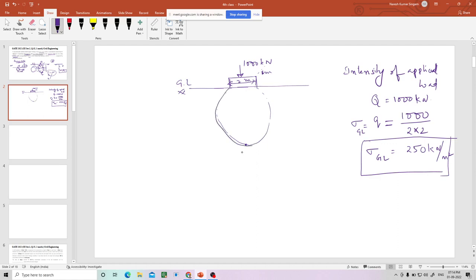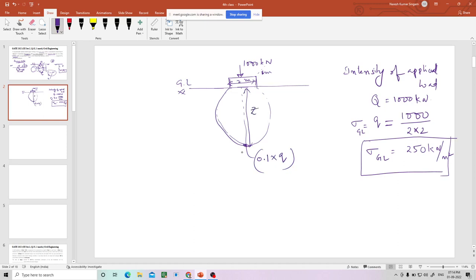So at one point this will be 10%, that means 0.1 times q. What is that depth, what is this z?